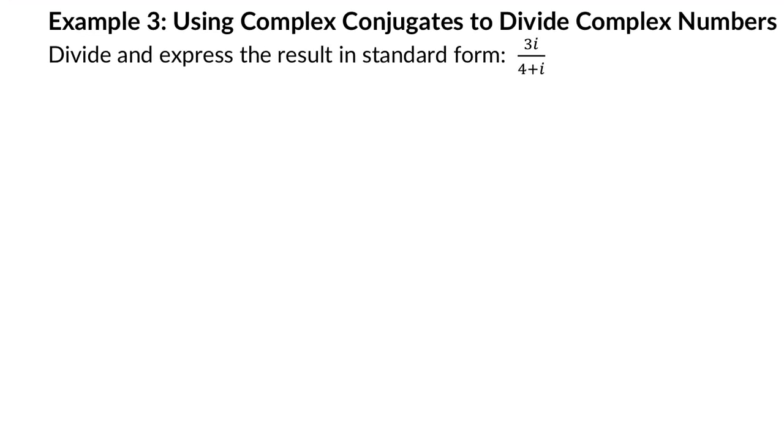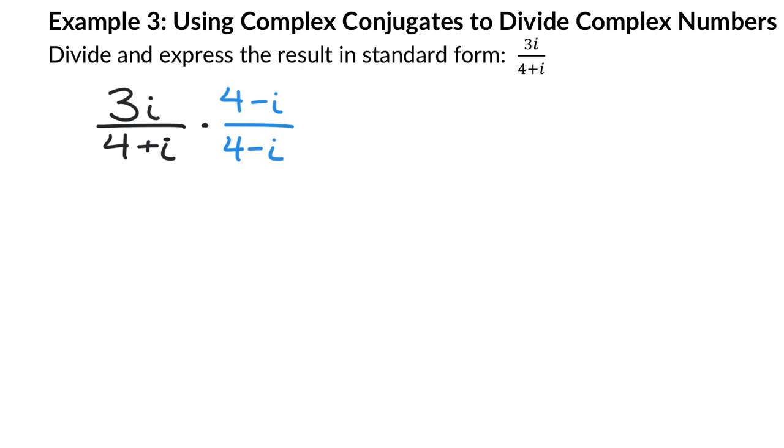So for example, if we are trying to divide 3i divided by 4 plus i, we are actually going to multiply the top and bottom by the complex conjugate, 4 minus i, times 4 minus i, or divided by 4 minus i. Multiplied on top and bottom.